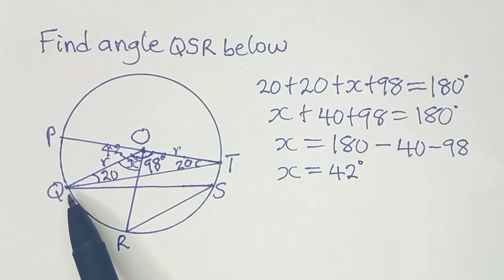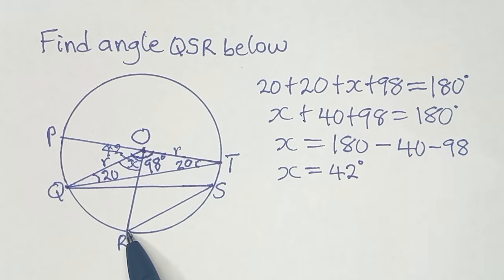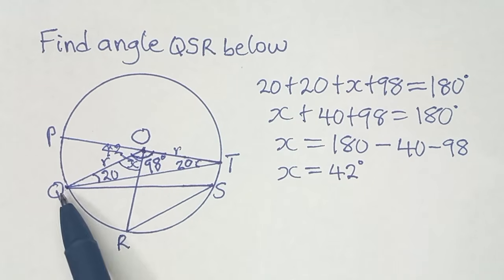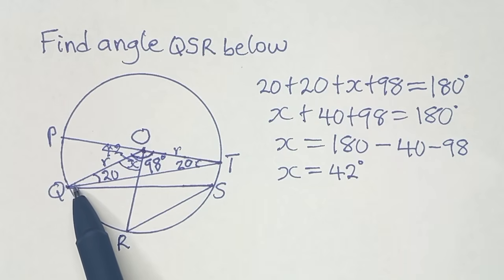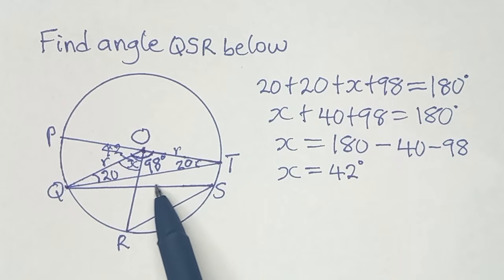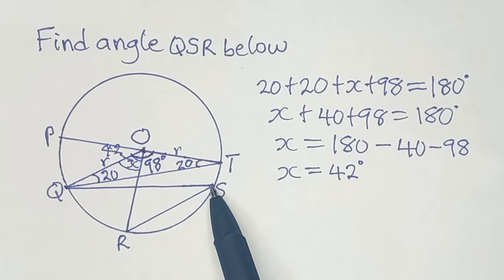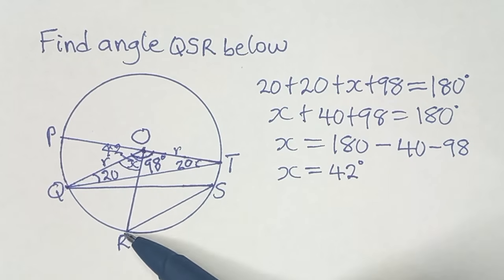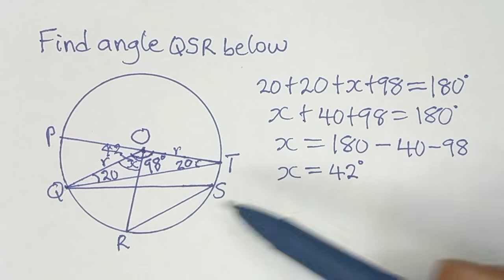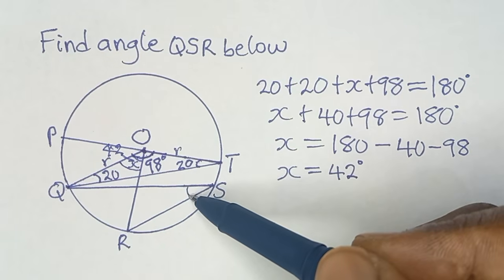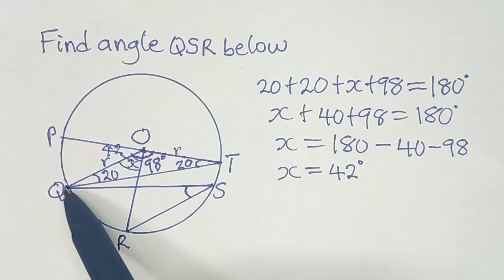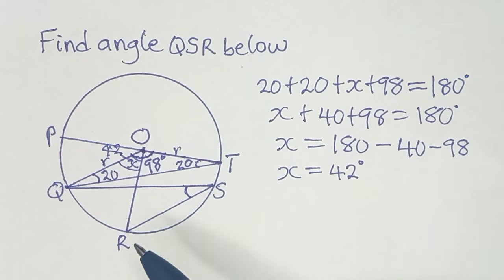In the same way, using the same points Q and R on the circumference of the circle, I have another set of lines now, two lines going to the circumference this time, another part of the circumference. So from Q to S, I have this line, and then from R to S, I have this line. And the two lines now form this angle that we're looking for. That is angle QSR that we're looking for.